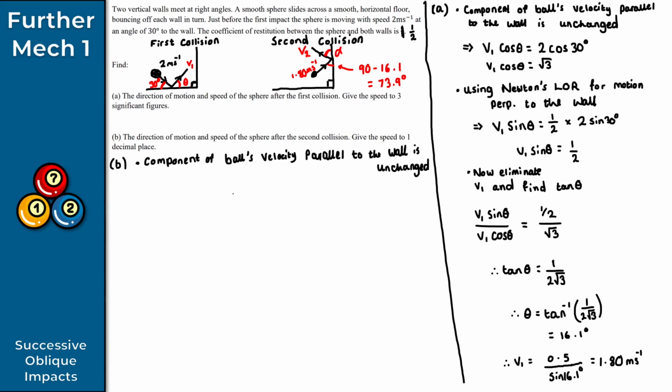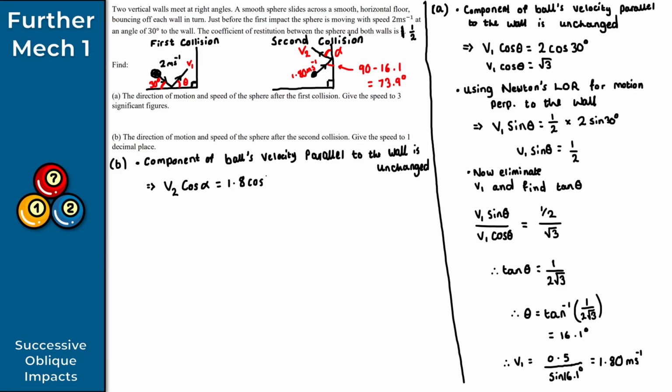Perfect. So again, what does that mean here? What I get is V2 cos alpha, so V2 times cos of this angle, which is alpha. Obviously, if you use a different letter for this angle, then you'll get V2 cos of whatever you've chosen; it really doesn't matter. But V2 cos alpha is equal to this speed here, 1.80, times cos of this angle, 73.9.